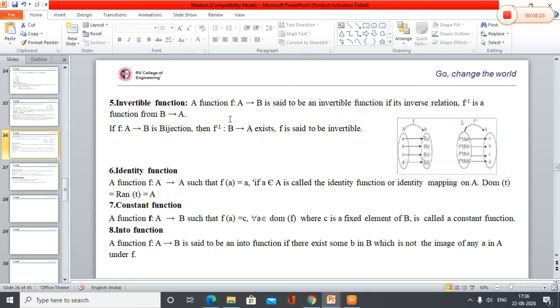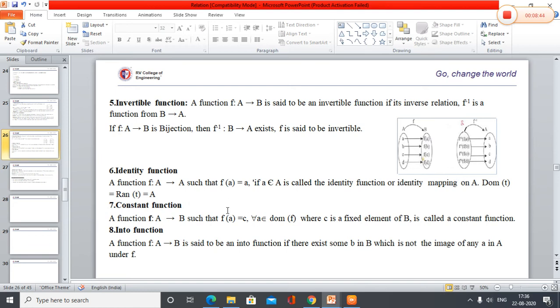Okay, then next is the identity function. A function is said to be an identity function when f(a) is equal to a. If I say f(1), I should get 1 itself, f(2), I should get 2 itself. So the image of the element should be the element itself. That is called an identity function. Now what is a constant function?